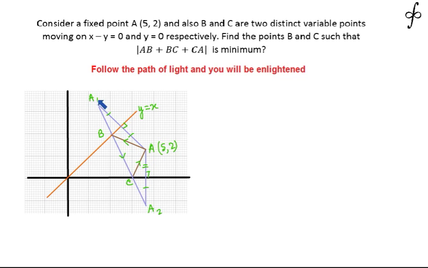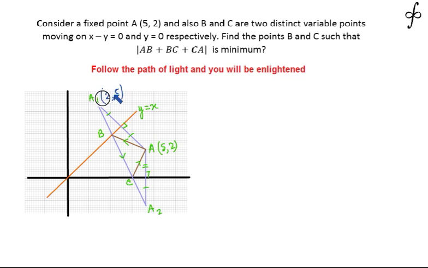So I have considered the point A to be (5, 2), and naturally A1 will become the image of the point A about y equal to x, which is the mirror. So clearly we can write the point A1 as (2, 5), because if a point has coordinates (a, b), then the reflection about y equal to x becomes (b, a).